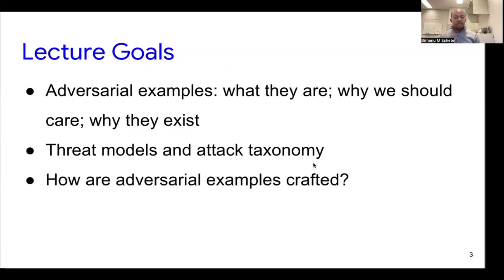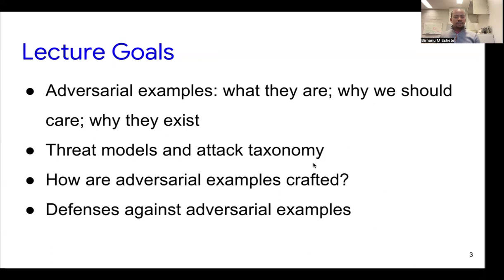And after that, we're going to see how adversarial examples are crafted. So how do adversaries generate adversarial examples from, let's say, clean inputs? Of course, once we talk about how these adversarial inputs are crafted or generated, we're going to also look at what are the mechanisms with which we're going to defend against adversarial examples.